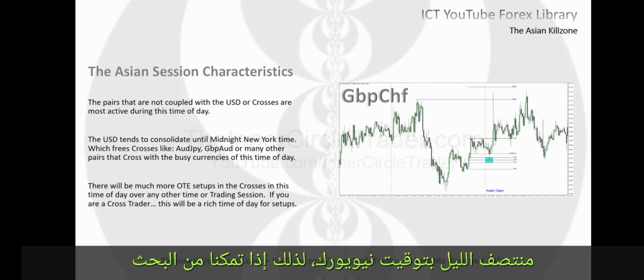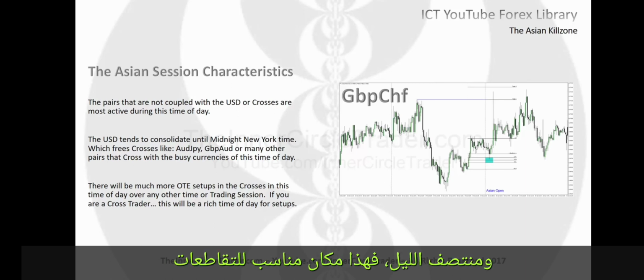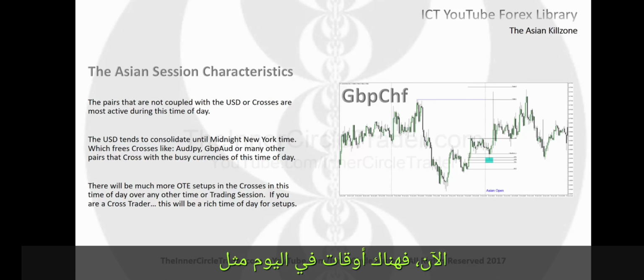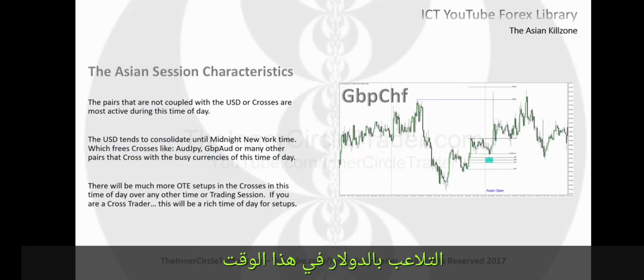So if we can look for that small little window of opportunity between the Asian open and midnight, that's a sweet spot for crosses. Now, there are times in the day, like in London or New York, where a cross can move, and that's going to be done by manipulation with the dollar.